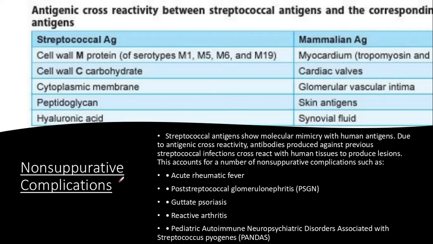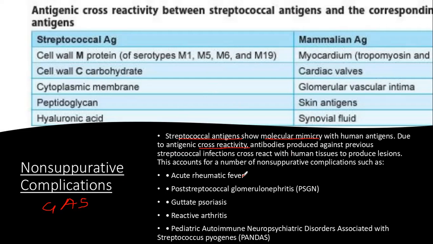Now, just to remind you, the non-suppurative complications of group A beta hemolytic streptococci: some streptococcal antigens show molecular mimicry with human antigens, okay? And this leads to cross-reactivity, in that antibodies are produced against these antigens, but they cross-react with normal human tissues, okay?